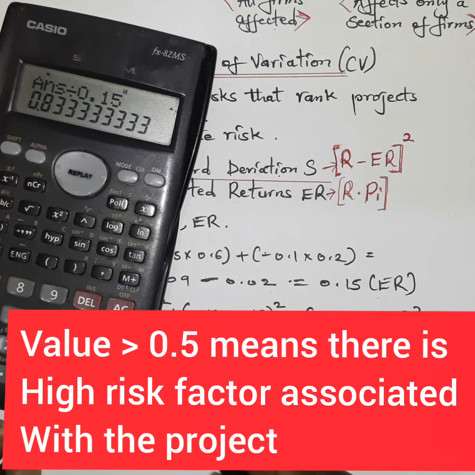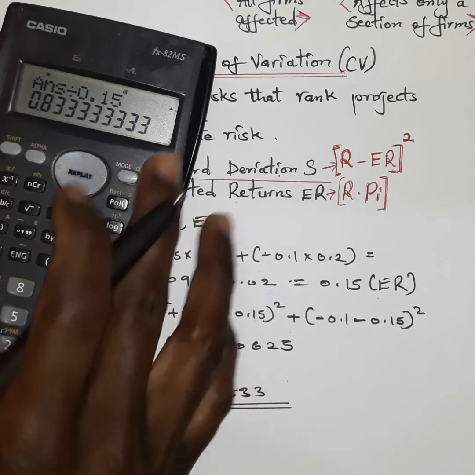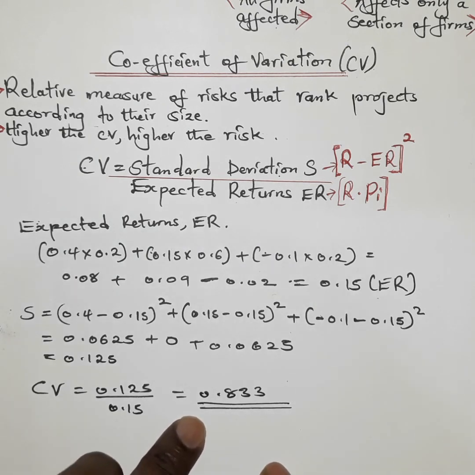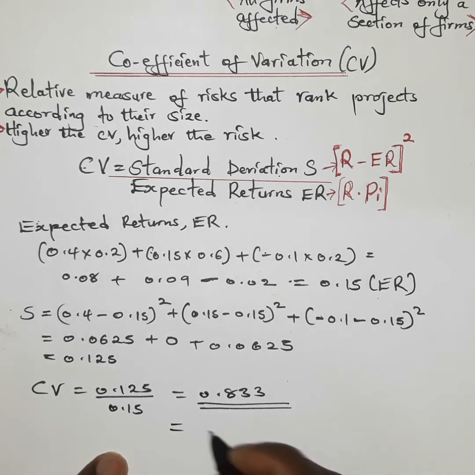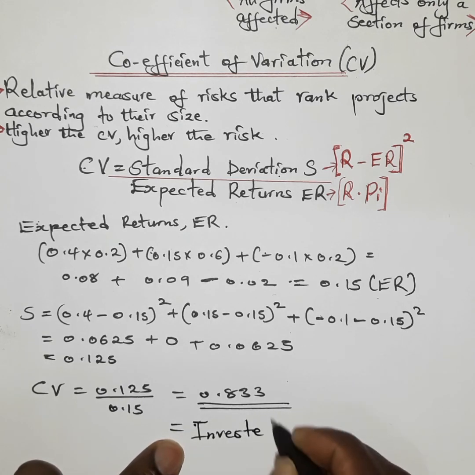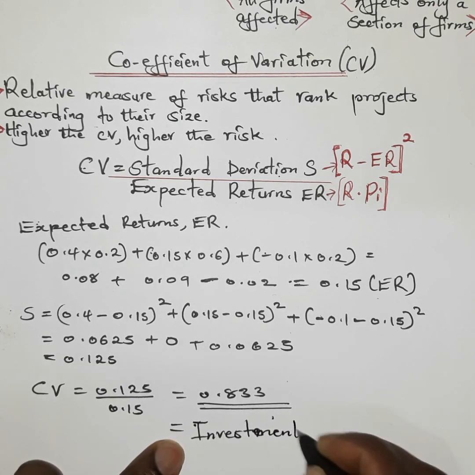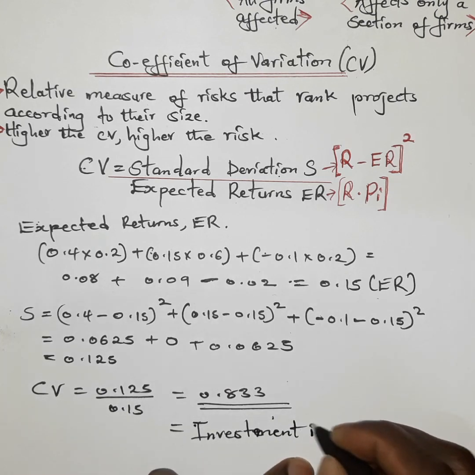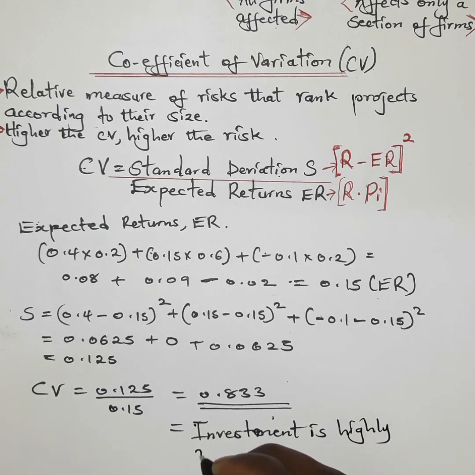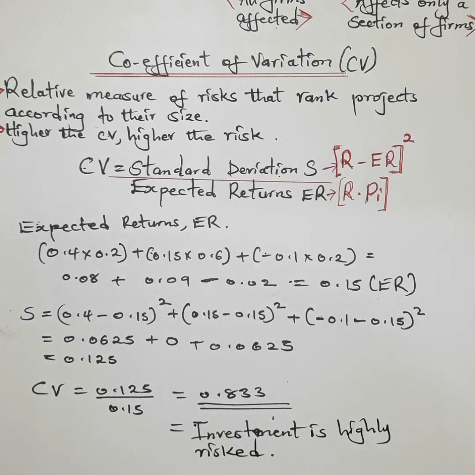Now, this value is a strong measure of risk. It is above 0.5, it is close to 1. So it means the investment that this firm is supposed to venture in is highly risky. So it can as well avoid investing in the shares. Thank you.